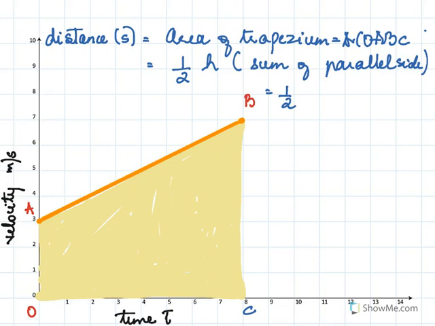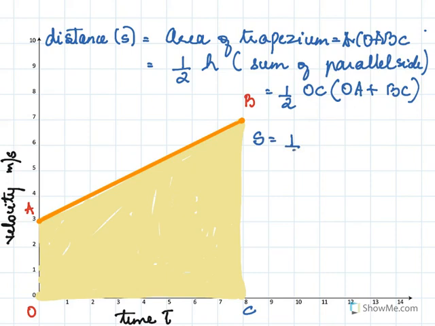Now who is the height of this trapezium? We see here OC is the height of the trapezium. So we will put OC. And the parallel sides, which are the parallel sides? One is OA and the other one is BC. So let's put the parallel sides here, and that is OA plus BC.